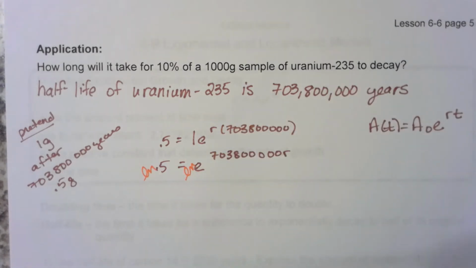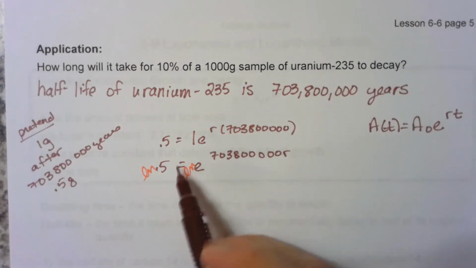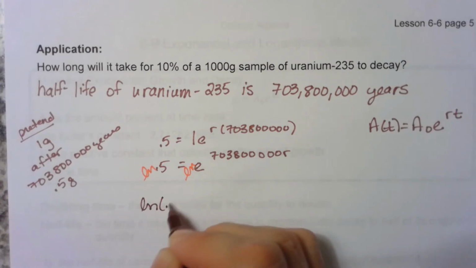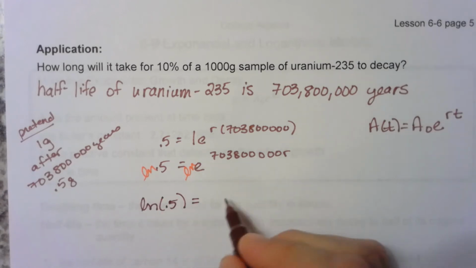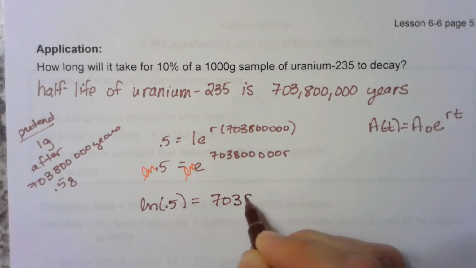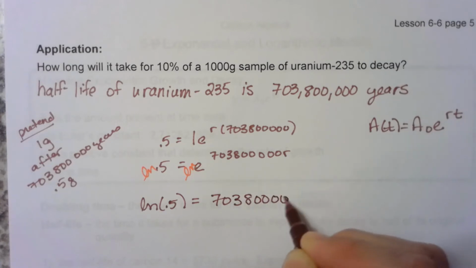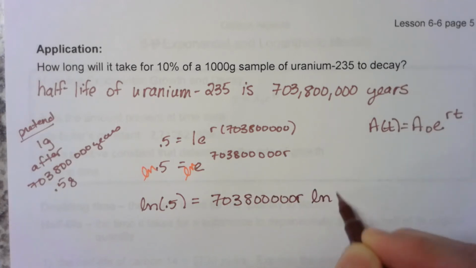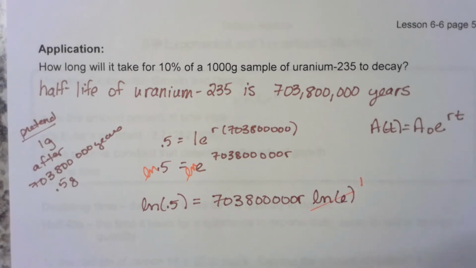When you take the natural log, you can bring the exponent down. And do you remember what the natural log of e is? Natural log of e is just 1. So from here we can divide both sides by this big number.